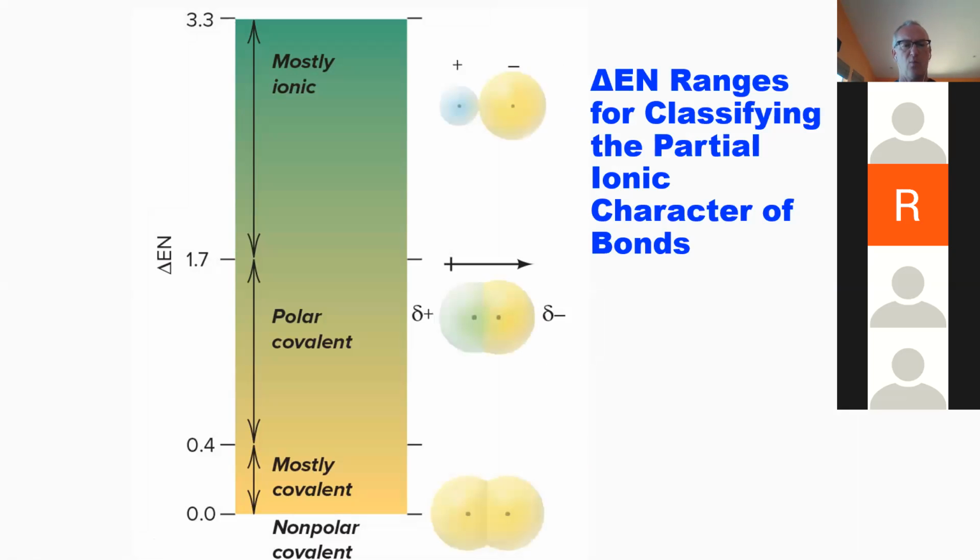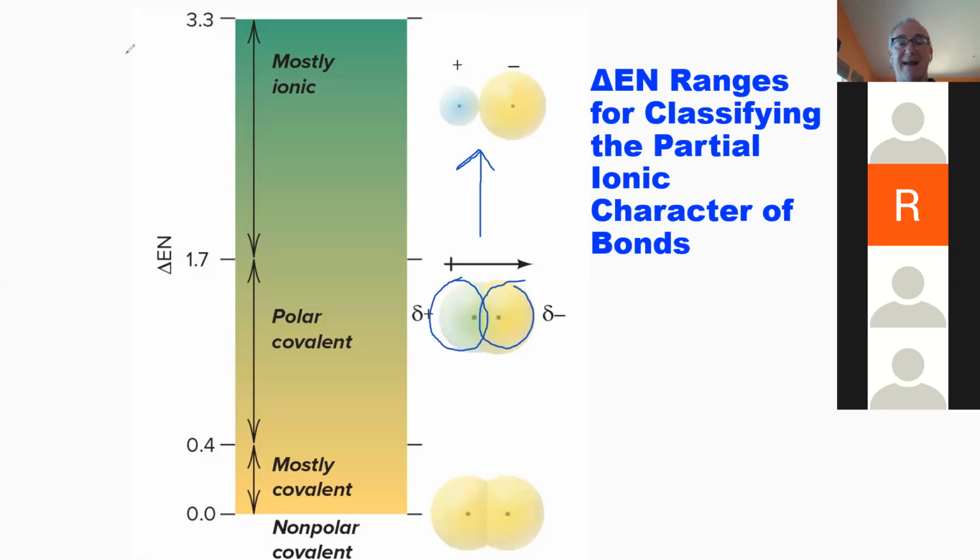Around 1.7 or so in difference, it's really kind of hard to tell the difference between an extremely polar covalent bond and an ionic one. The difference in charge becomes so great that it becomes pretty much ionic.